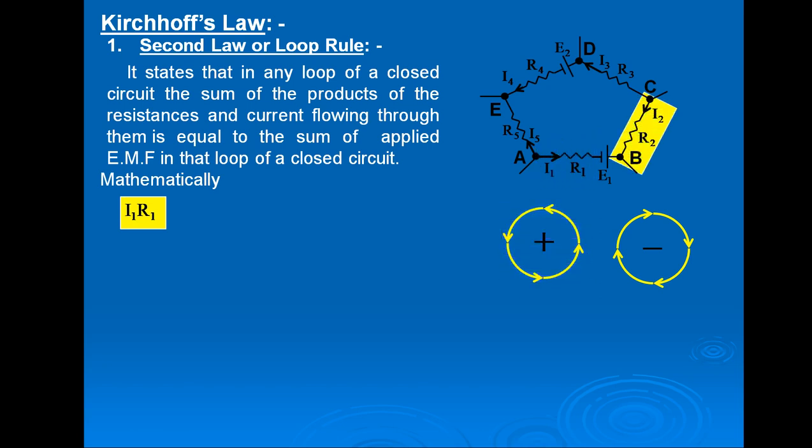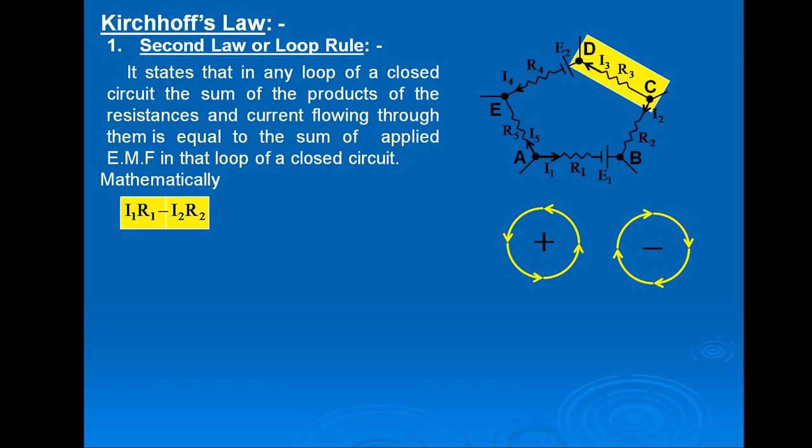Now in between points B and C, current through R2 is flowing from point C to B, that is, it is clockwise in the loop, and in clockwise direction we have taken negative sign, so we get minus I2 R2.